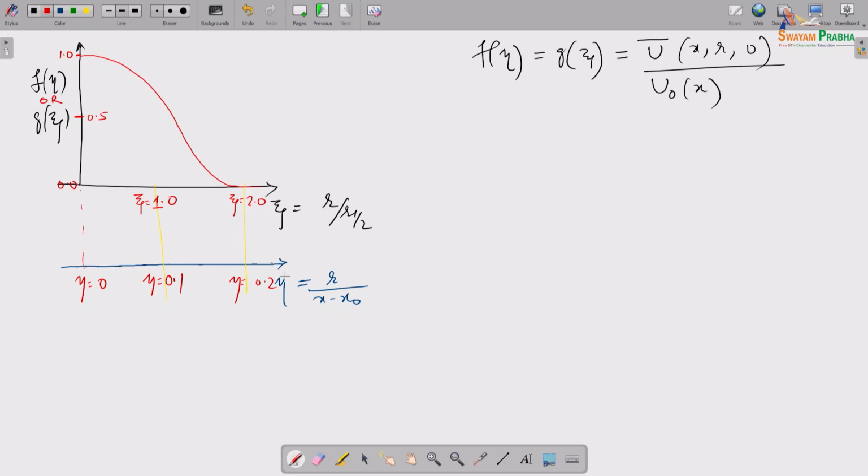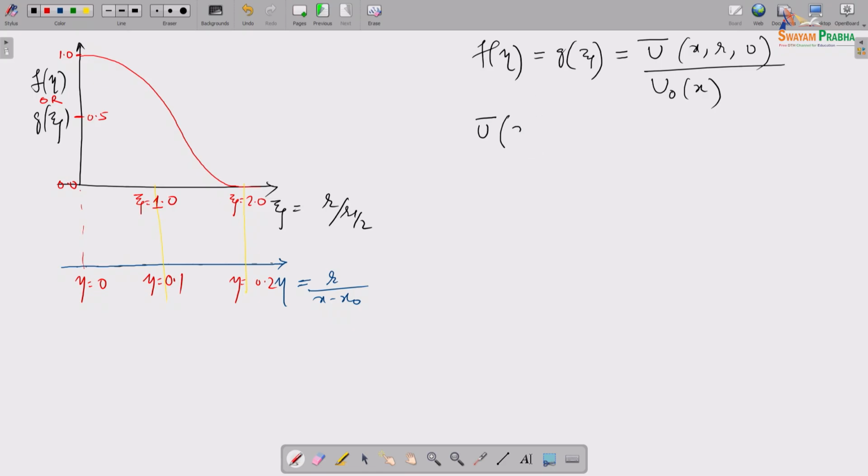In this particular case, one more thing is by definition, now u mean, what is the connection of u mean and the centerline velocity?